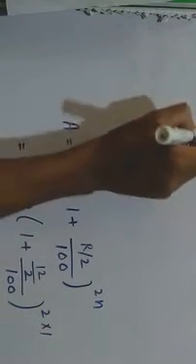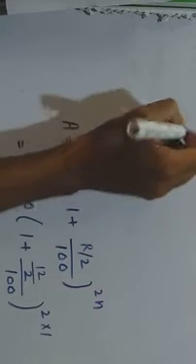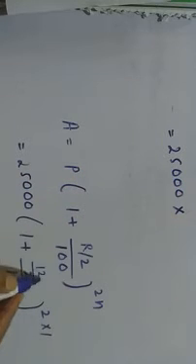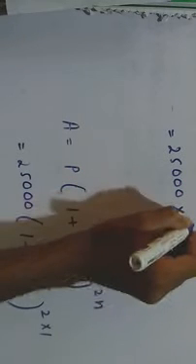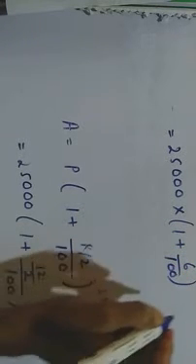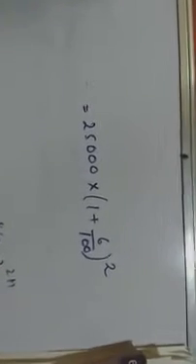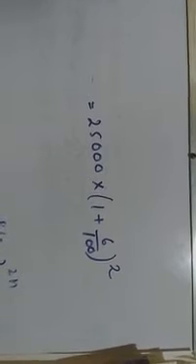Now 25,000. Look here, if you divide 12 by 2 you will get 6. So 1 plus 6 by 100, and 2 into 1 becomes 2. So the power will become 2.